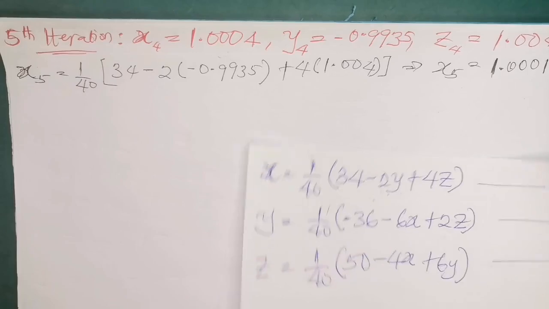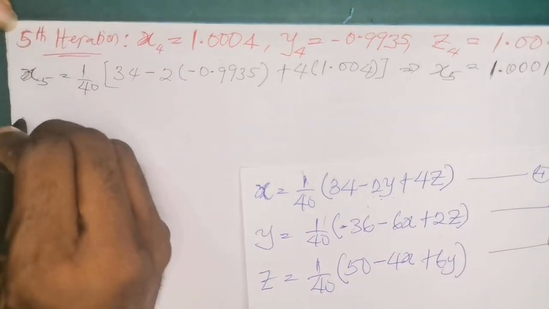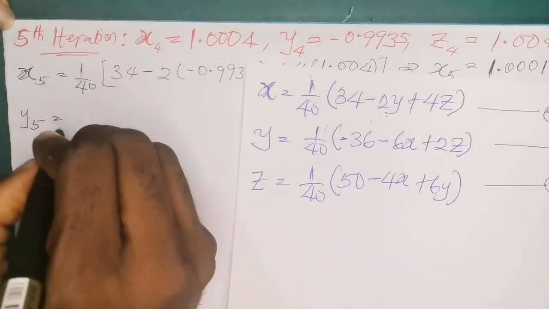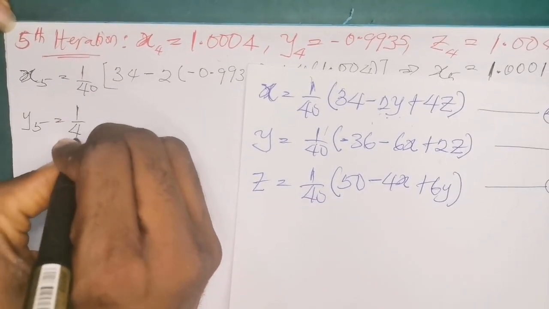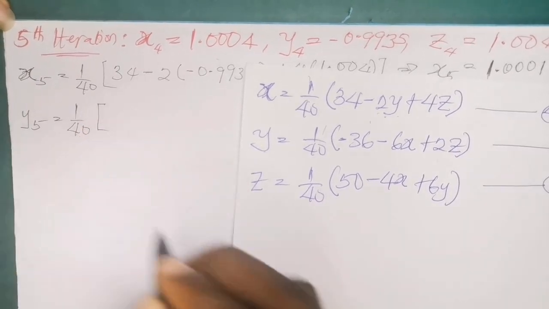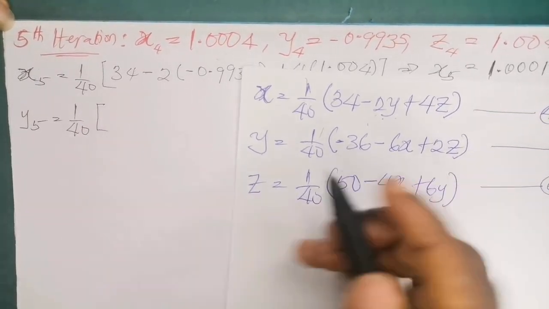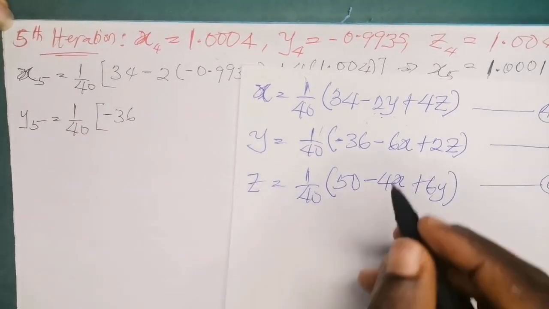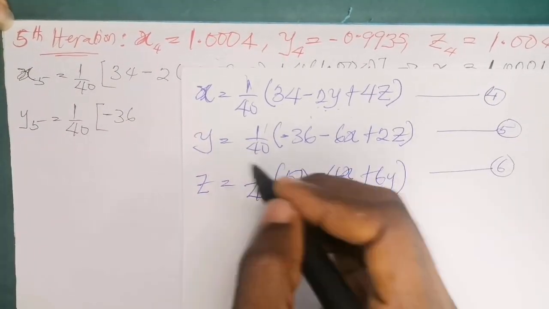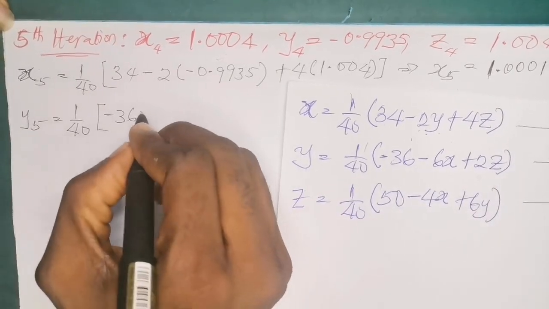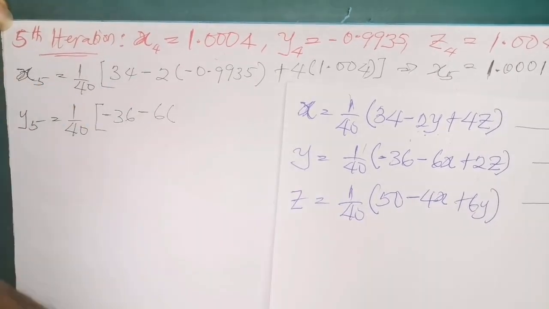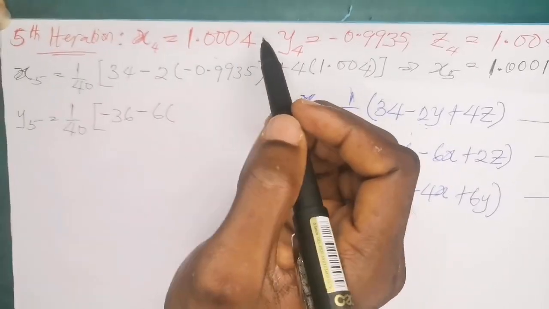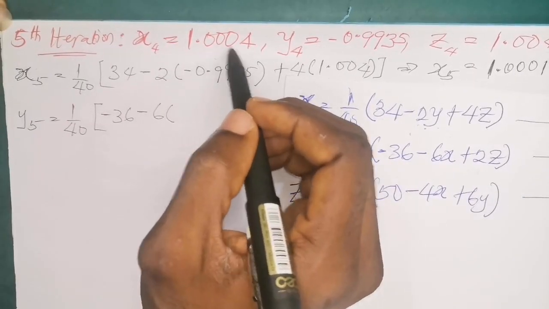So that will bring us now to y5. y5 is going to be equal to, once again, 1 over 40, multiplied by negative 36, minus 6x. So minus 6x now becomes x4, which is the previous value obtained in the previous iteration, and that is 1.0004.